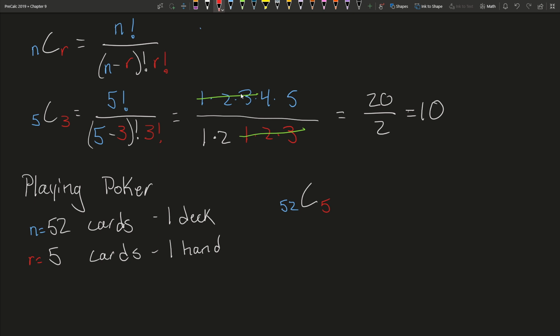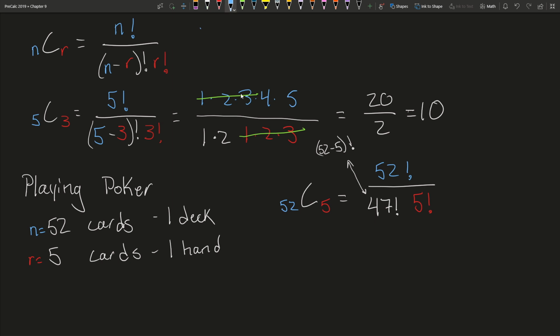So again, if we just plug that into our equation, we would have 52 factorial over 52 minus 5 factorial, which just ends up being 47 factorial, times 5 factorial. And then we can calculate that. We can do this really easily if we know what factorial actually means. So 52 factorial over 47 factorial.